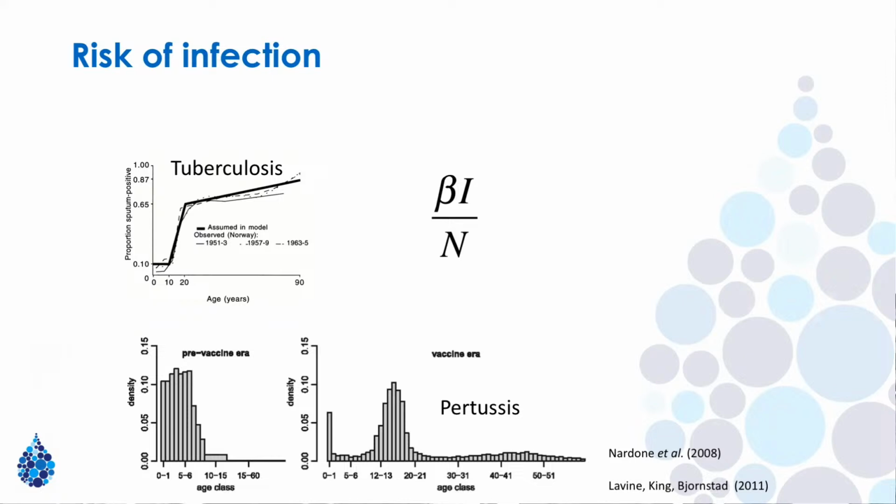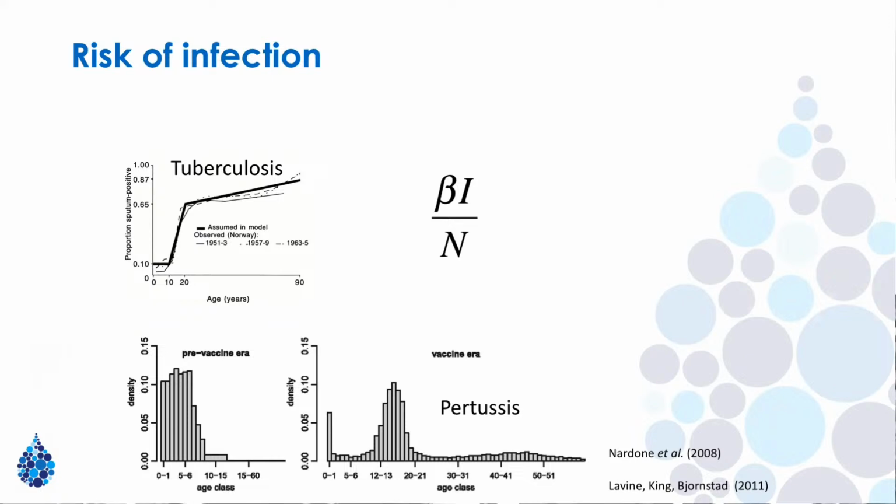Here we've got different diseases, pertussis and tuberculosis, and looking at the number, or density, of infections per different age group in pertussis. This is pre-vaccine, this is post-vaccine. These are very different in terms of the number of people in each age group that's getting this disease. So clearly something is happening here with their risk of infection.